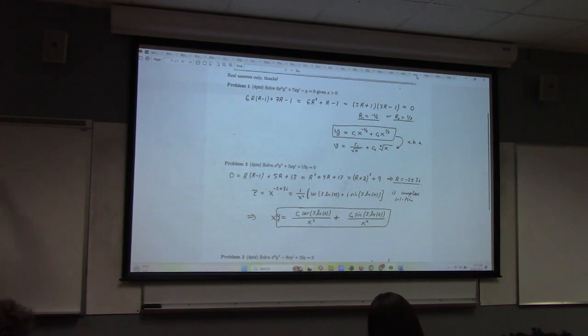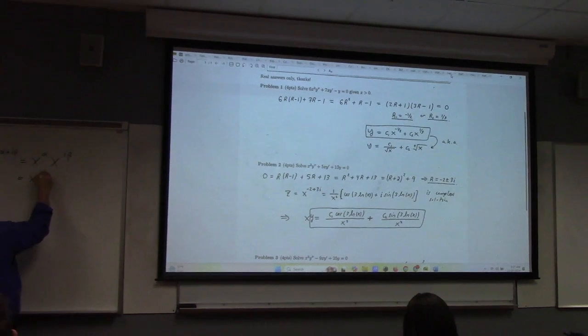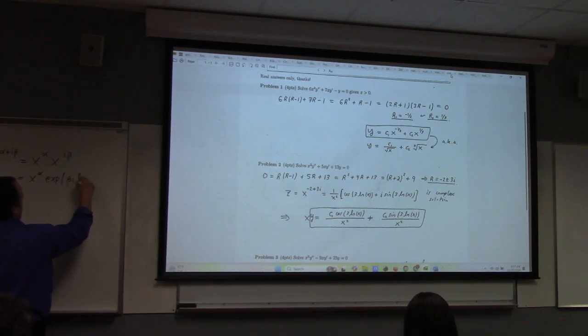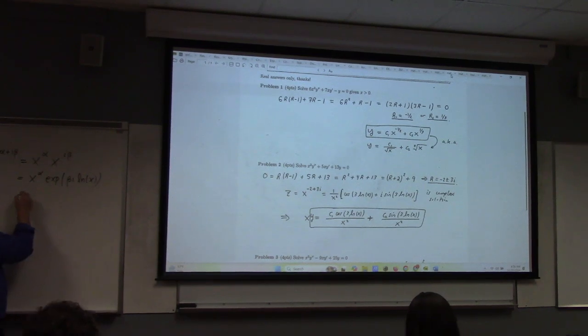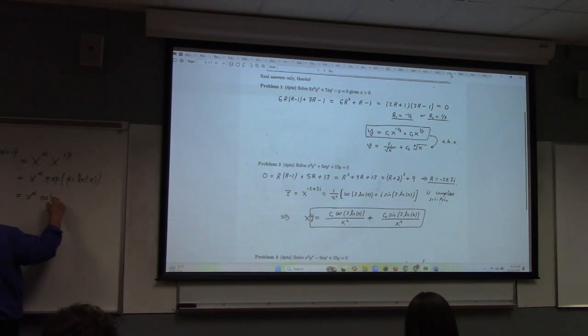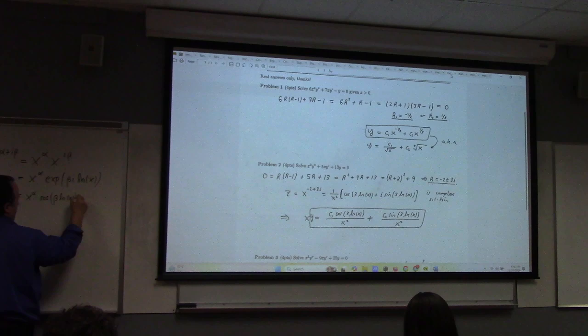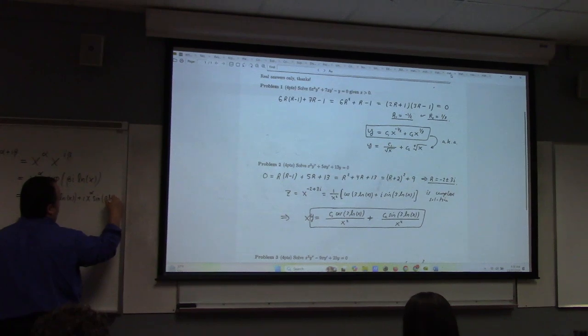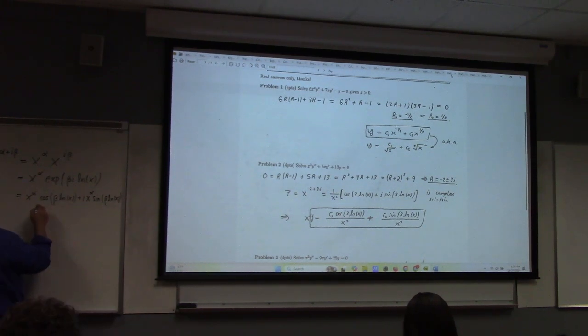So just to be clear, if I have x to the alpha plus i beta, we can think of that as x to the alpha times x to the i beta, which we can think of as x to the alpha times the exponential of beta i times the natural log of x, which is x to the alpha cosine of beta log x plus i x to the alpha sine of beta natural log of x, right?